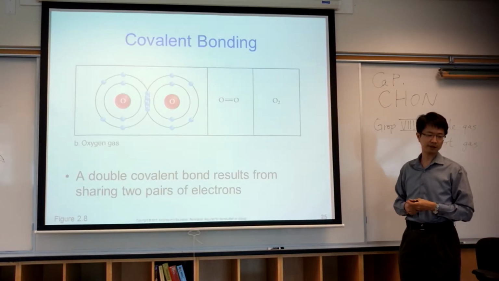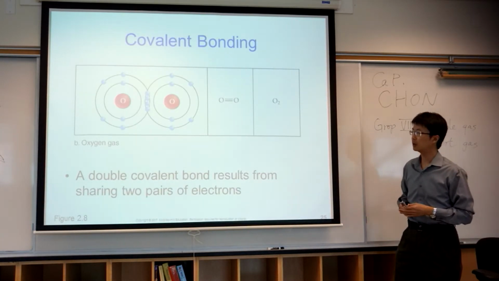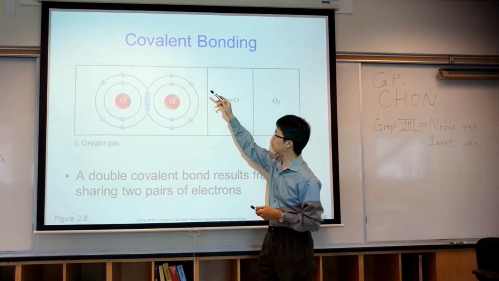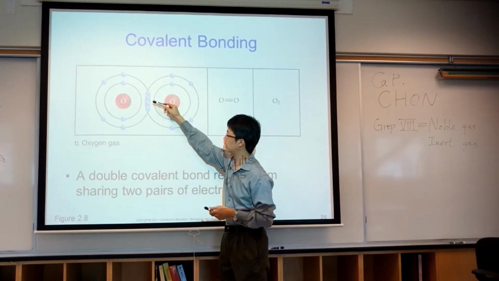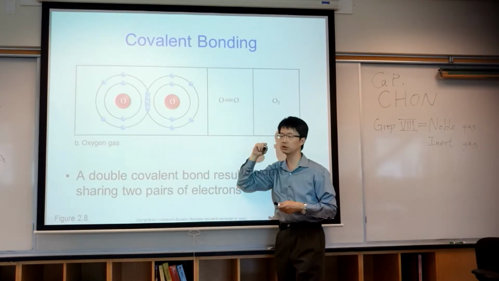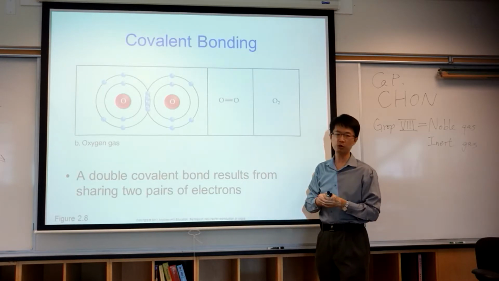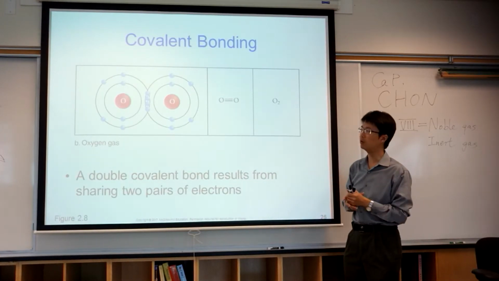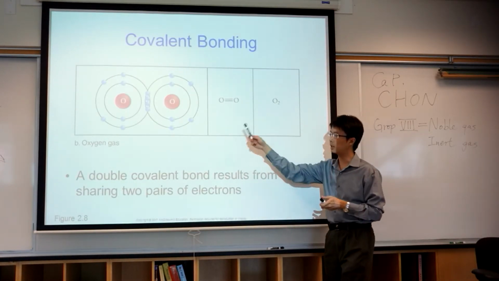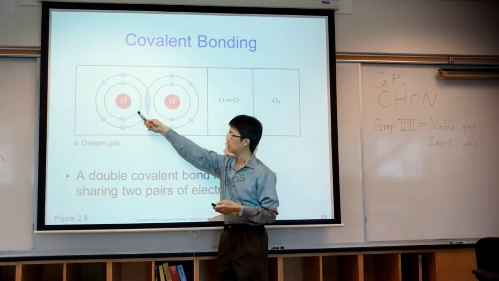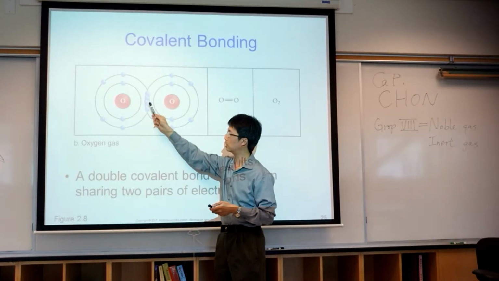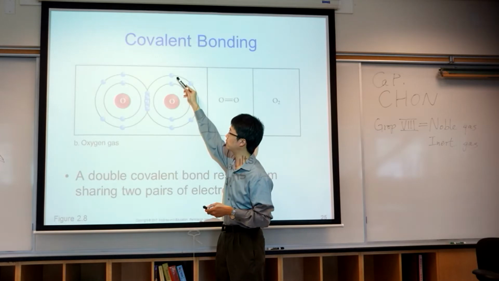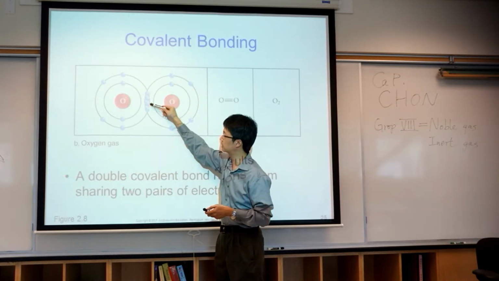And oxygen gas. Oxygen gas is similar. Originally, they only have 1, 2, 3, 4, 5, 6 electrons on the outermost shell. So they want to have 8 electrons on the outermost shell. What do they do? They come together, and each atom shares 2 electrons with the other. When they share 2 electrons with each other, each atom will have 1, 2, 3, 4, 5, 6, 7, 8.